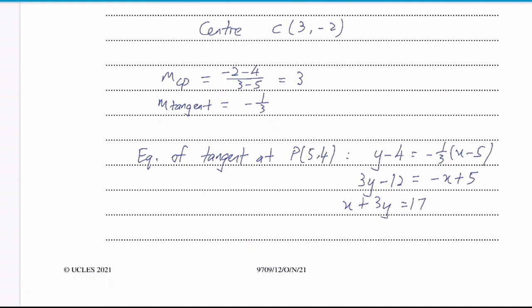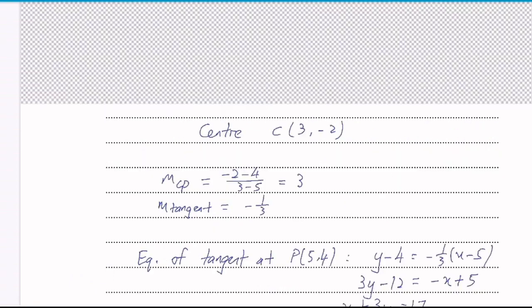From there, when x is equal to 0, y is 17 over 3. When y is equal to 0, x is 17. So we have got the points already.